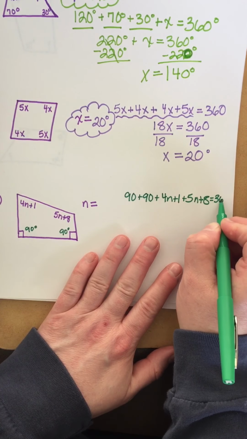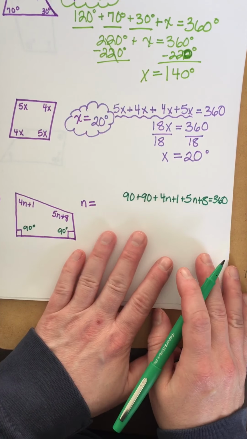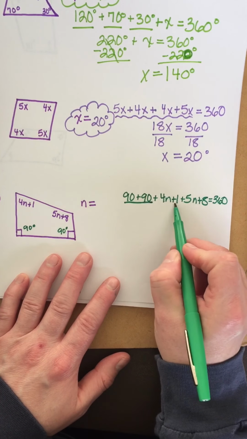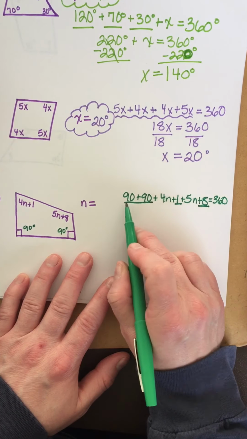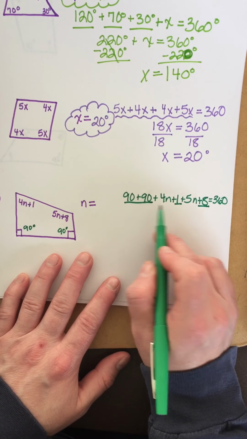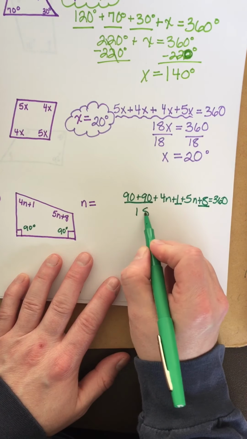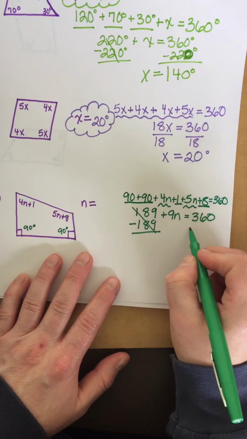equals 360. All right, and we're going to combine our like terms. You've got 90, 90, 1, and 8. So 90 and 90 is 180, 189. And then we can put our n's together. 4n and 5n is 9n. To get rid of this 189, I'm going to subtract it from both sides. That'll cancel.